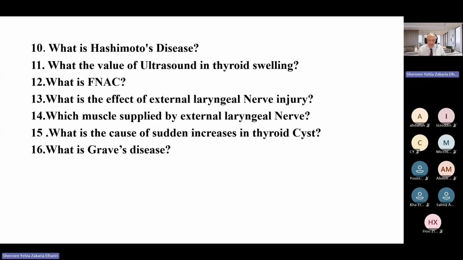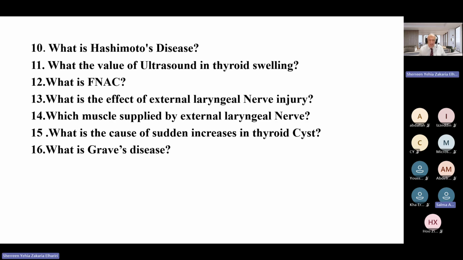After thyroidectomy, if you injure the external laryngeal nerve, what happens to the patient? The patient will lose the ability to reach a high-pitched voice. Which muscle is innervated by the external laryngeal nerve, which is a branch of the superior laryngeal nerve? Cricothyroid muscle. Okay. What is the cause of sudden increase in a thyroid cyst?